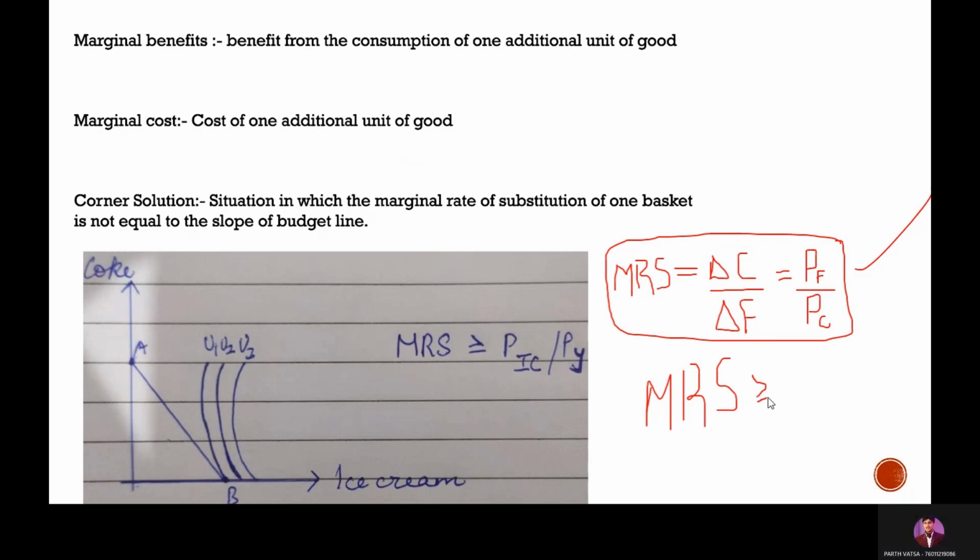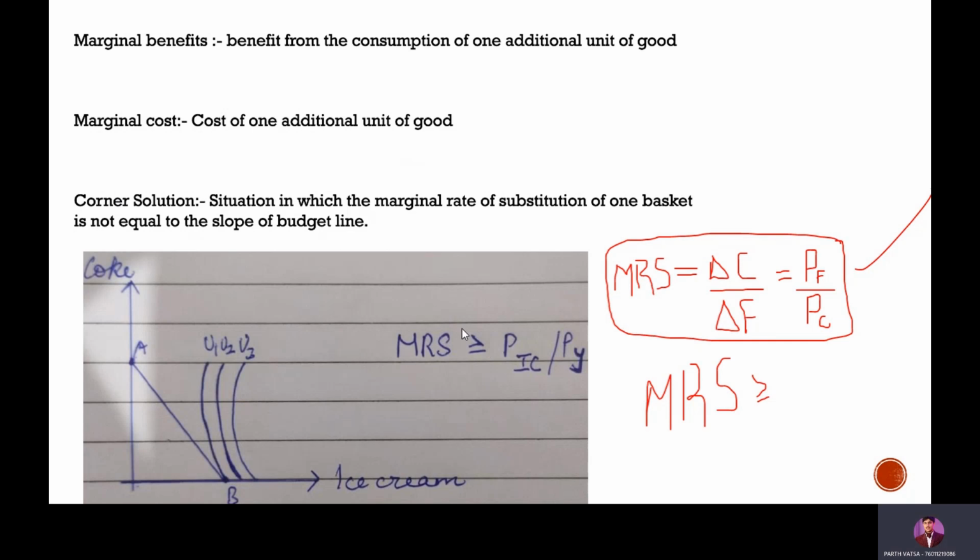You can see that the change in clothing at point B is too high, but compared to the change in food, it is very low.